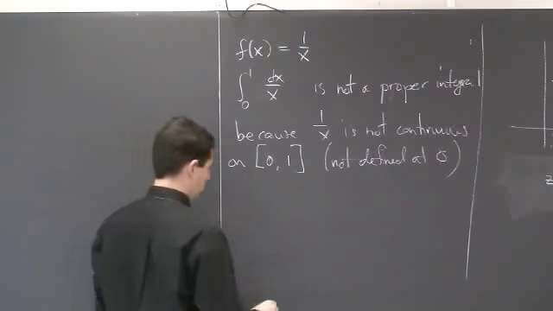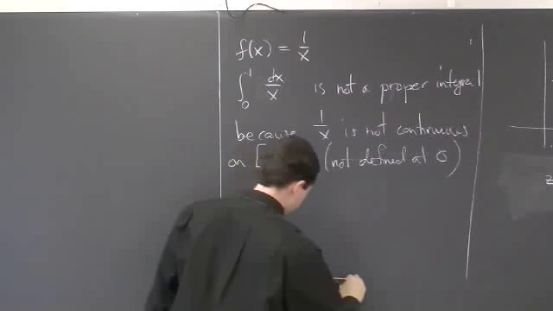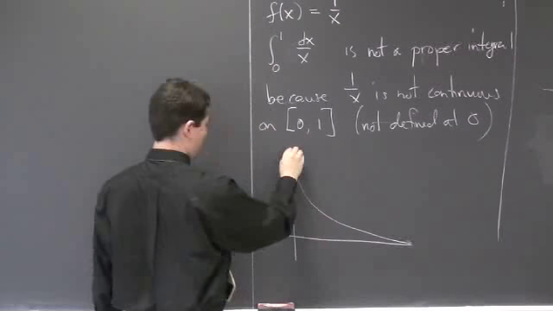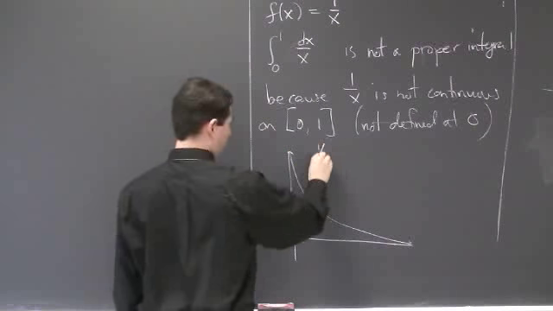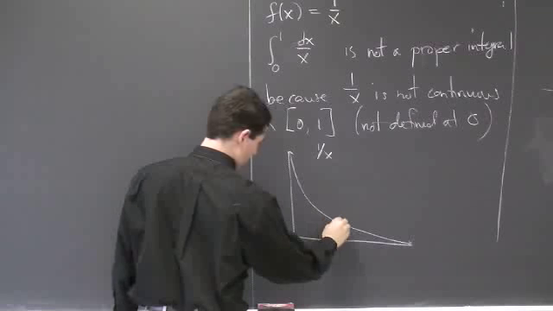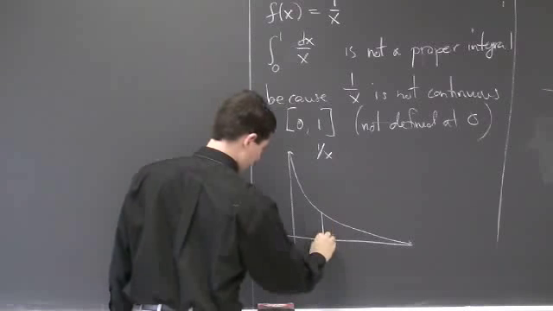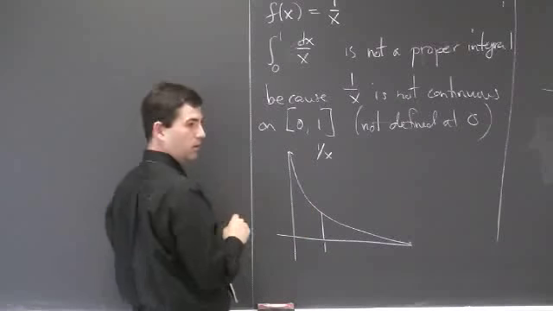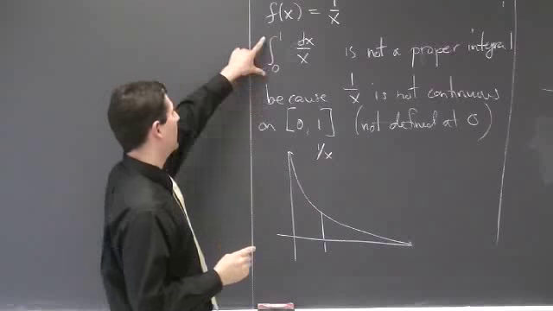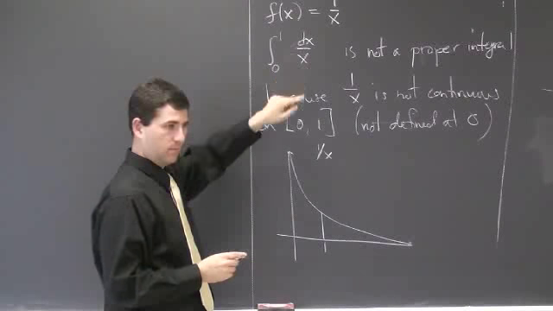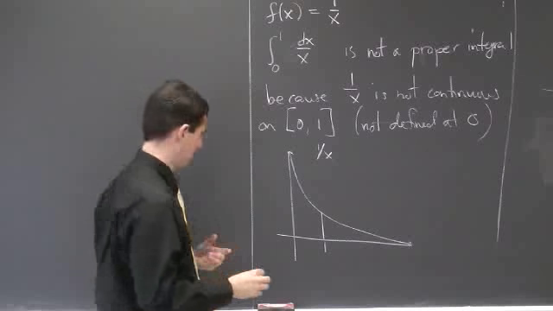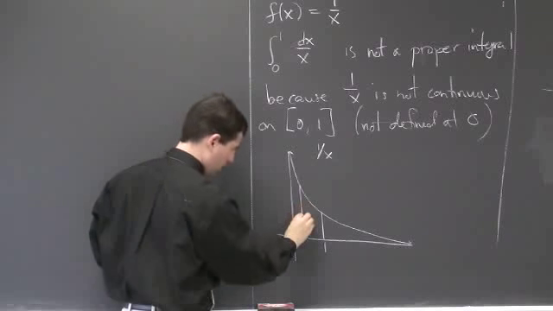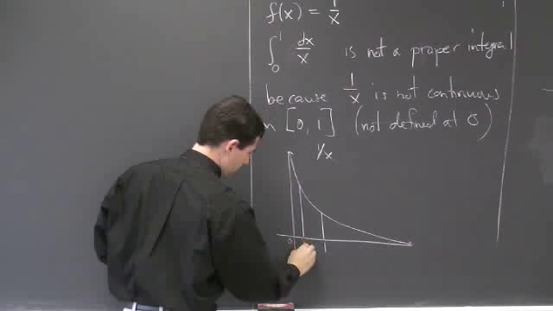Okay. So if we try to sketch a graph of 1 over x, we'll stick 1 in here somewhere. Okay, so there's 1. I'd like to compute this integral, but I can't do it directly because this is not a proper integral. So I'm going to play the same game that we played yesterday. Instead of going all the way to 0, I'm going to stop somewhere, and let's call it t.